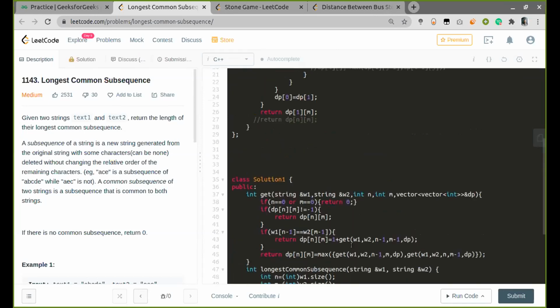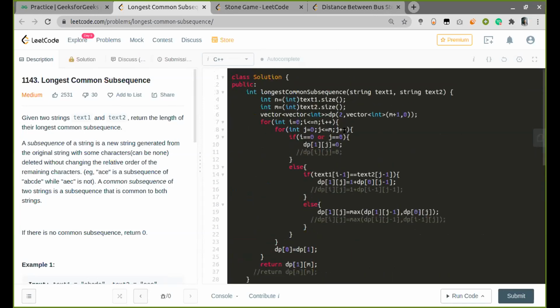And for the space optimized one, this is the approach. In bottom up, we make an n cross m vector and then do the same recurrence.